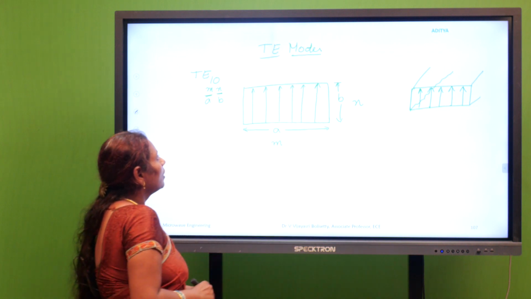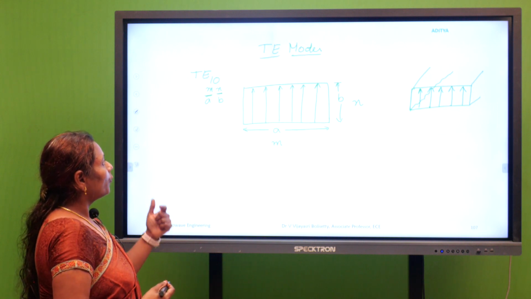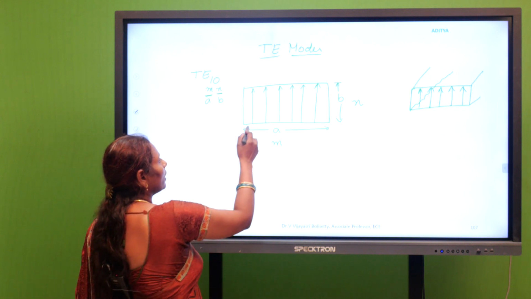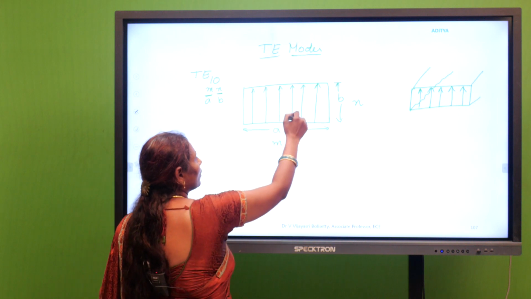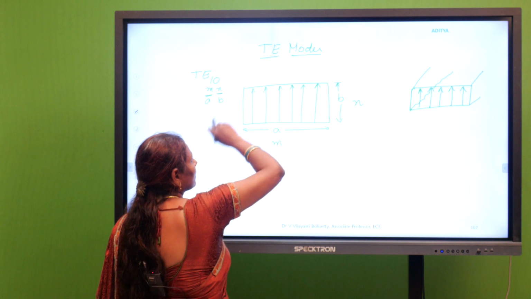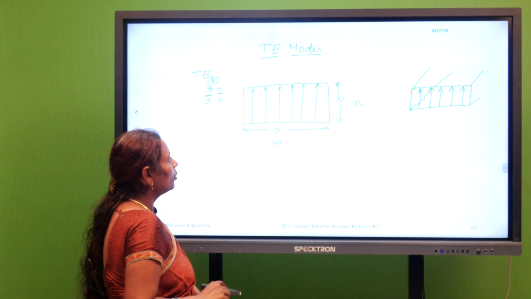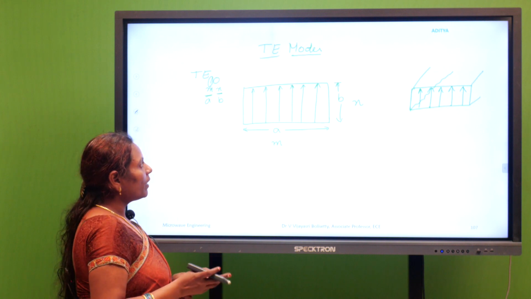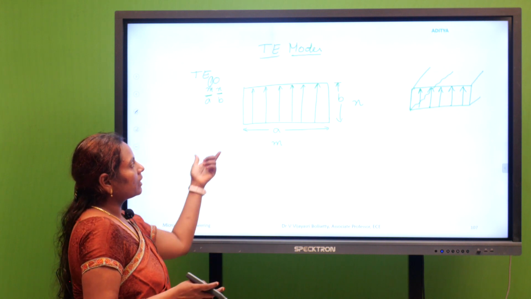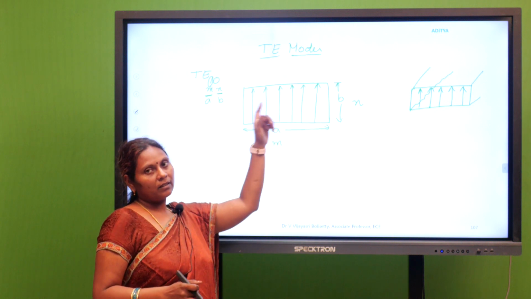This says that there is no field variation and all the electric lines of force are plotted in only one direction, a single variation, as M is equal to 1. And there are no variations towards the N side, that is onto the dimension B, because N is 0.